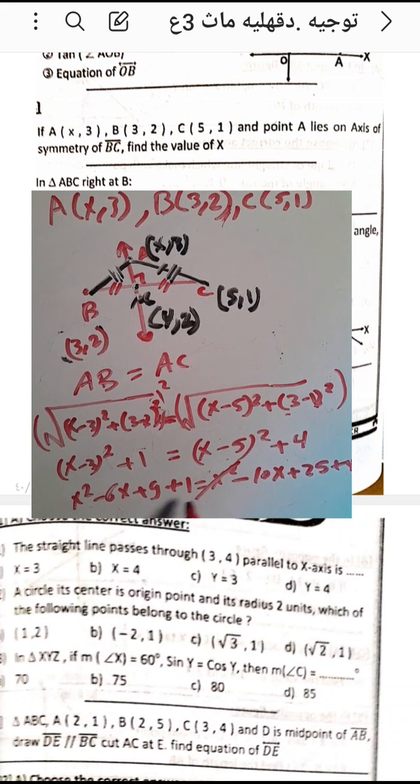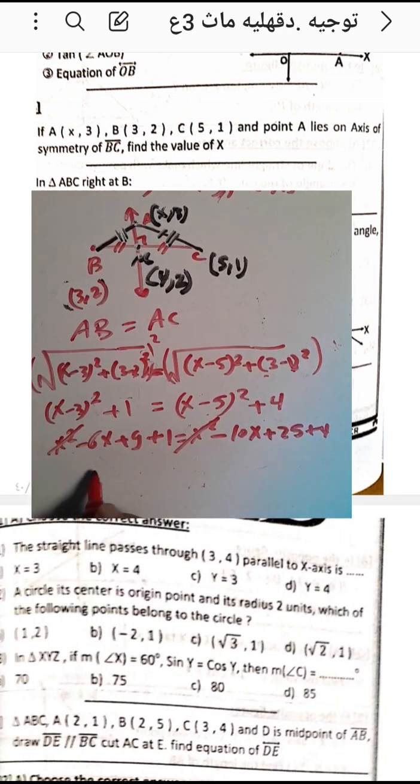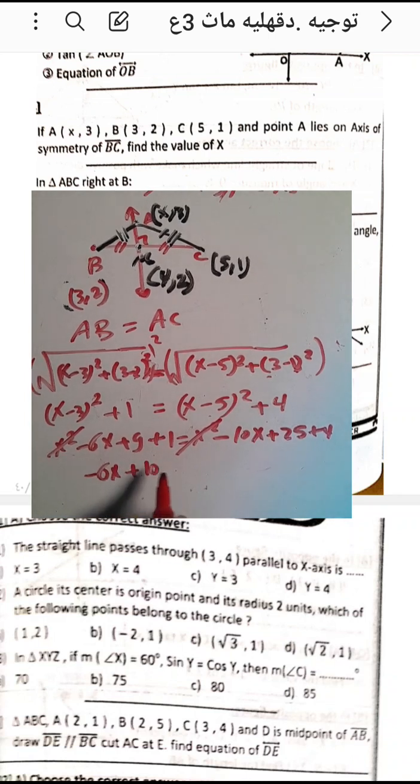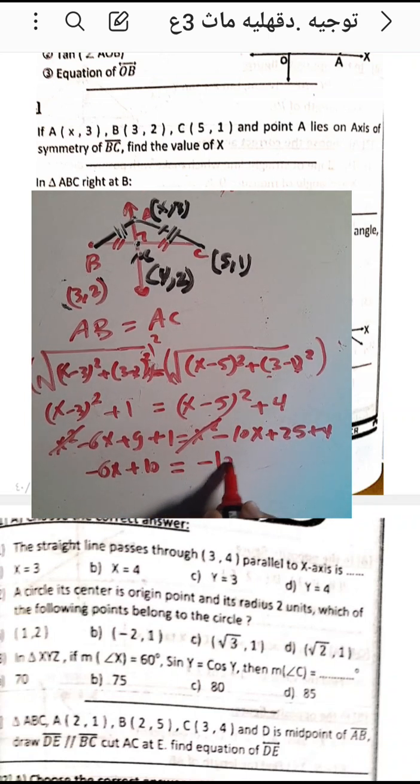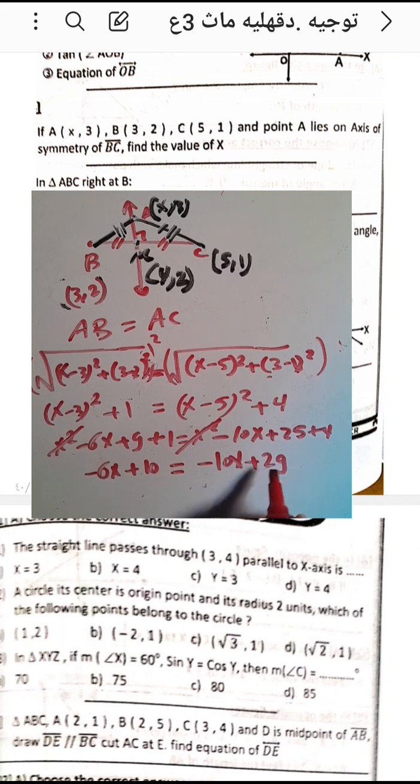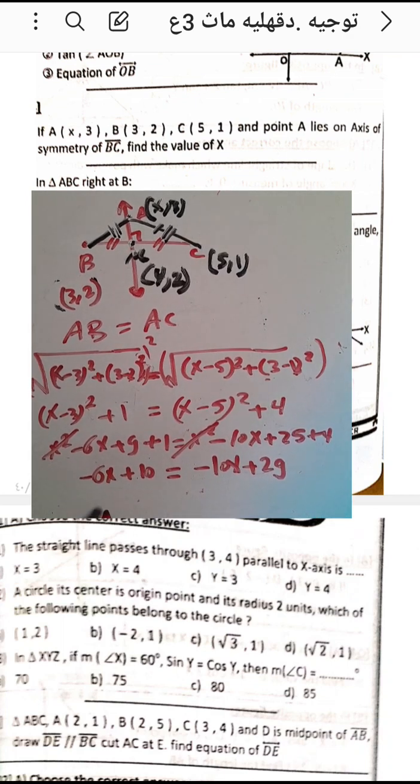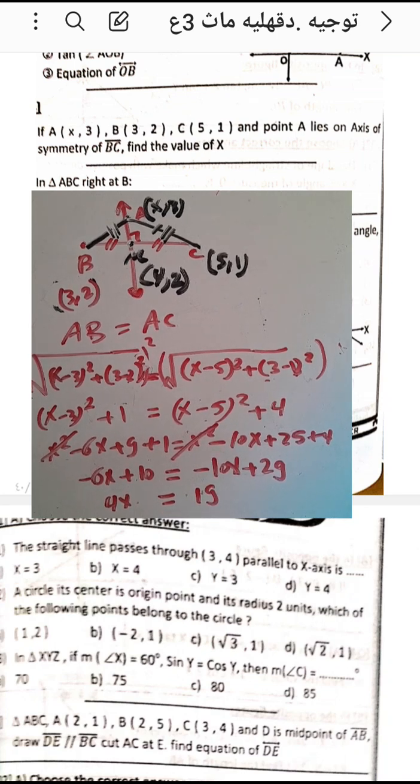Cancel x power 2 by x power 2. Negative 6x plus 10, negative 10x plus 29. Move here, 10x minus 6x is 4x, and cancel this number here. It will be 19.